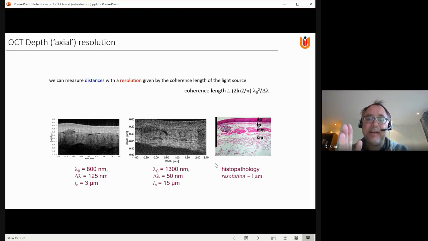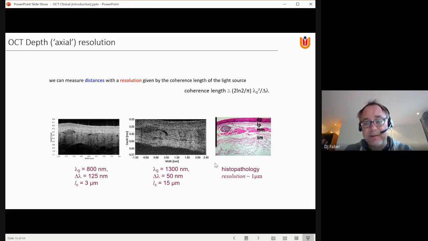So if I see it and I know one of the lengths, then I'm pretty sure what the length in the other one is going to be. And then I can assign a depth to that. And if I change the position of the other mirror, I can do the same measurement for the different depths, and that way I can build up an image.